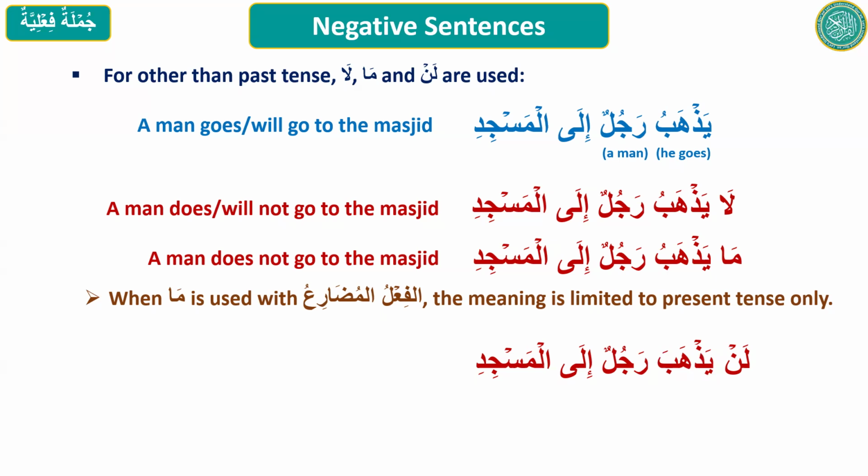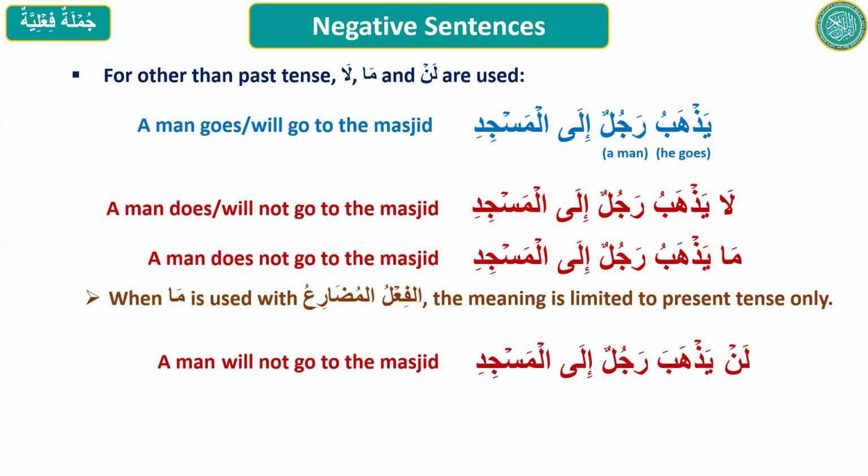Okay. And what does it mean? A man will not go to the masjid. So what did we see here? Now yazhabu, which means he goes or he will go, but when lan is used with it, it limits the tense to future tense only. So it is only la which is used when you mean to say something that may be in present or future.